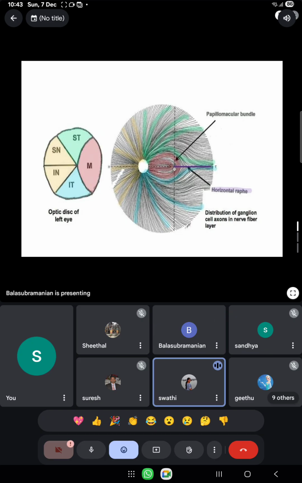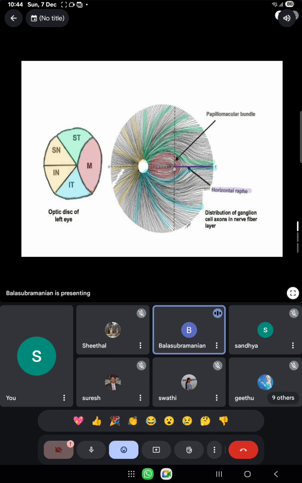The picture shows the arrangement of fibers: one indicates the papillomacular bundle, and the superior and inferior arcuate fibers. I want you to notice the pattern of the fibers. On the nasal side there is not much slope; they make a very short course to the optic disc, whereas on the temporal side both the superior and inferior fibers have to arc around the papillomacular bundle and come to the optic disc.